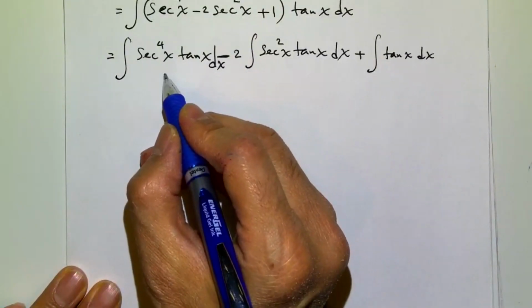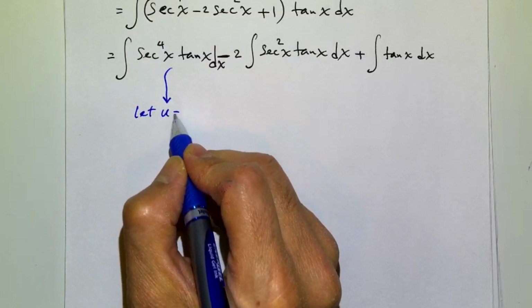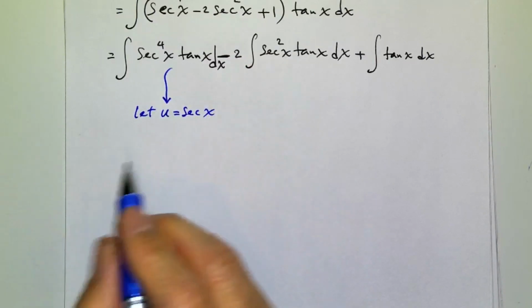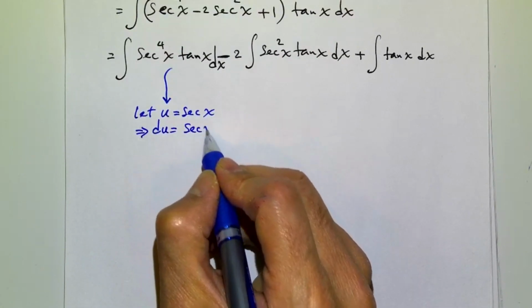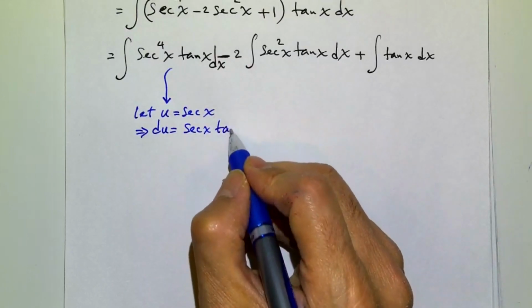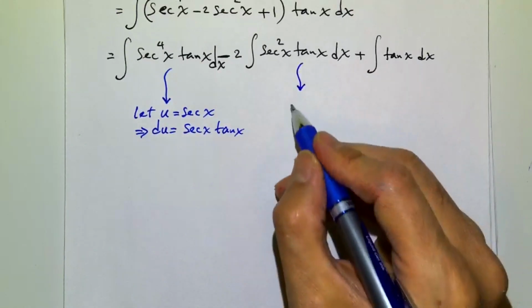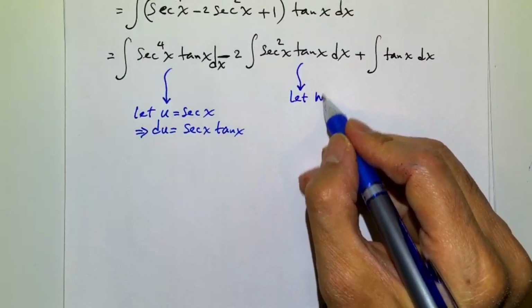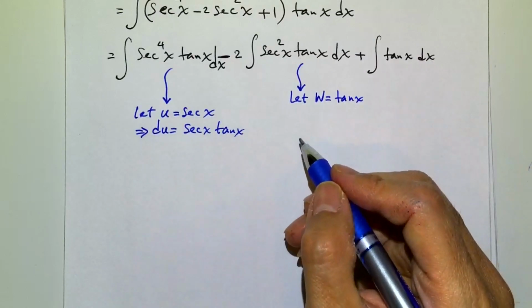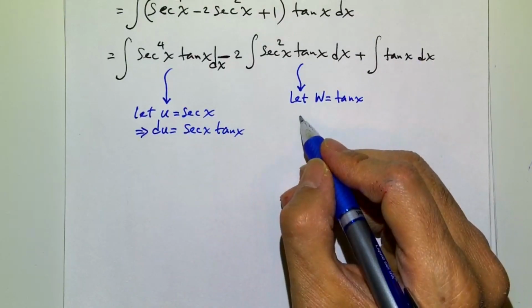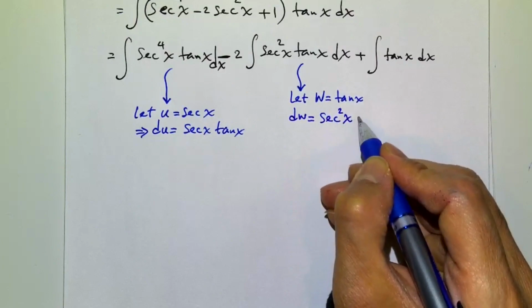Okay, so for this, we can write let u be equal to secant x. Therefore, du is going to be secant x tangent x dx. All right? For this one, I'm going to say let w, let's pick another variable, w be equal to tangent x, and dw will be equal to secant squared x dx.